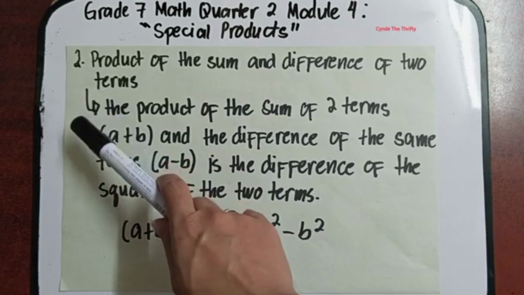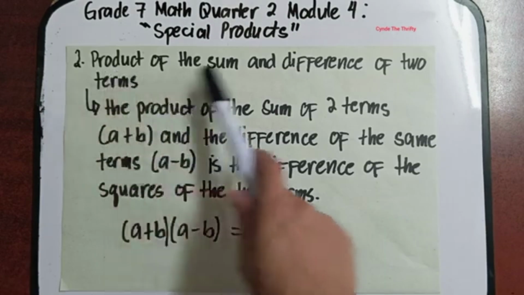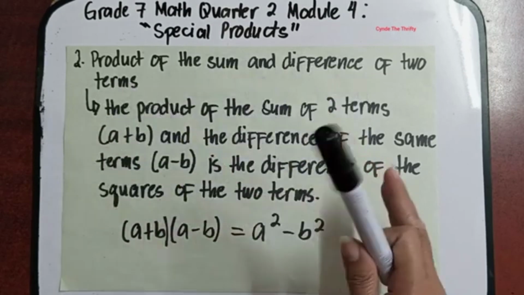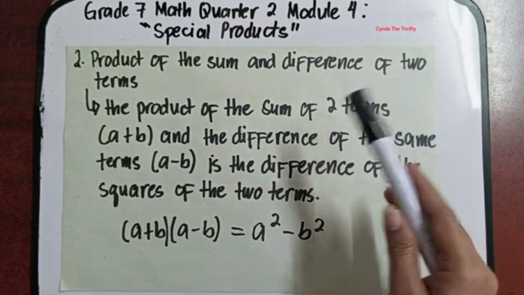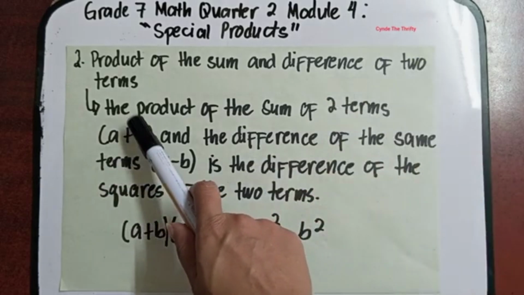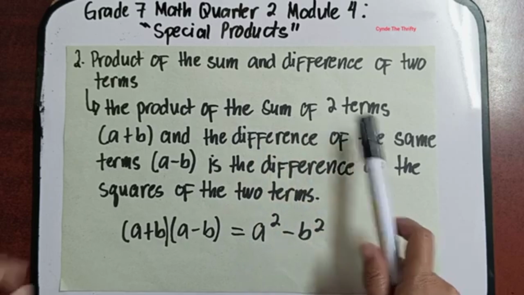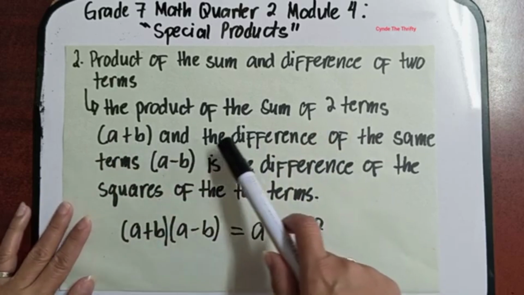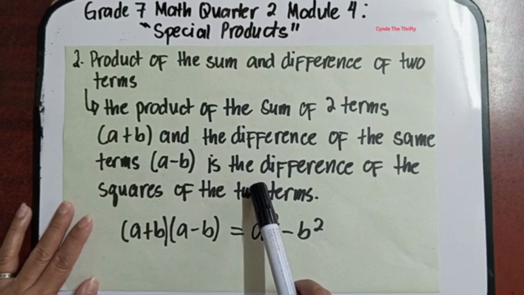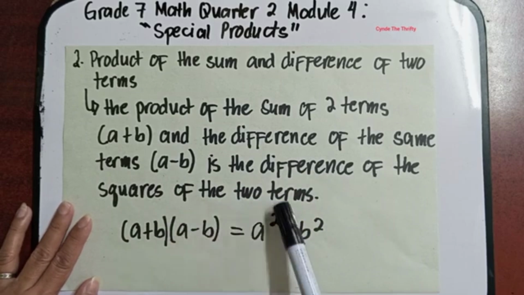Ang pangalawang special product natin is product of the sum and difference of two terms. Okay, paano ba natin malalaman ang product of the sum and difference ng dalawang term? So, the product of the sum of two terms, a plus b, and the difference of the same terms, a minus b, is the difference of the squares of two terms.